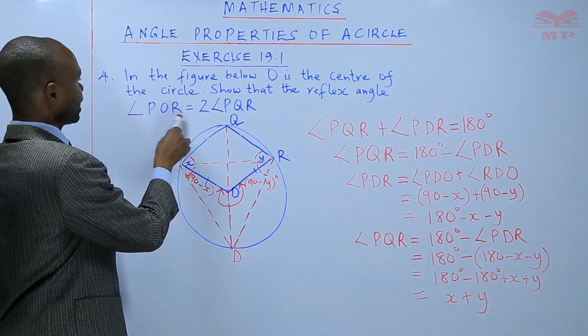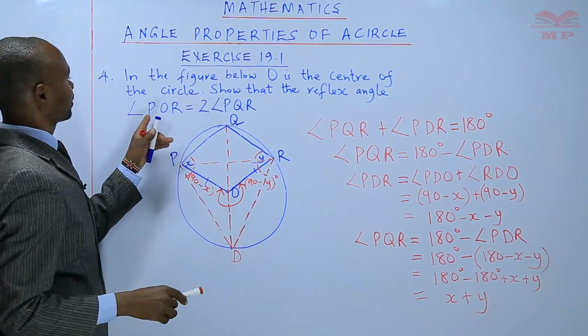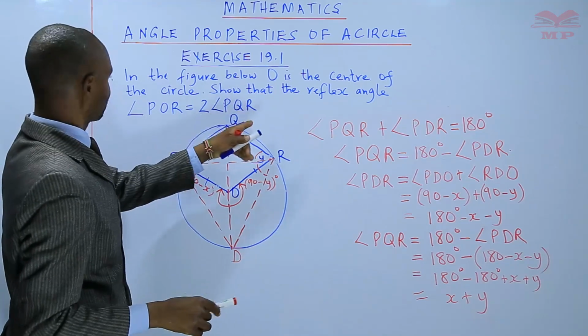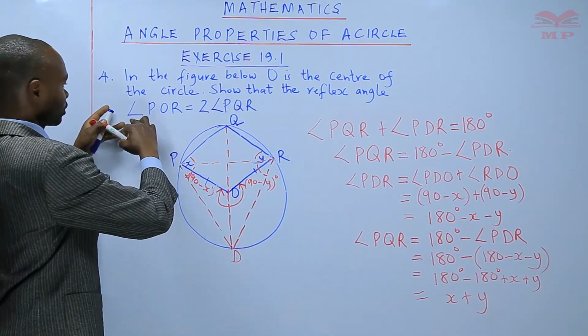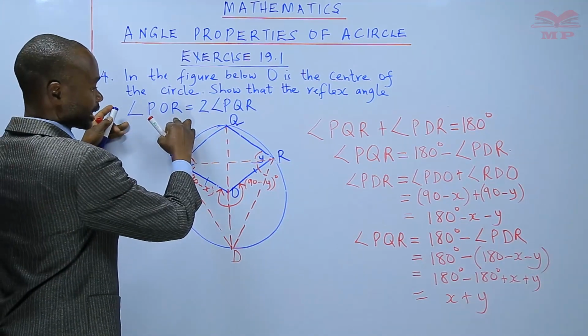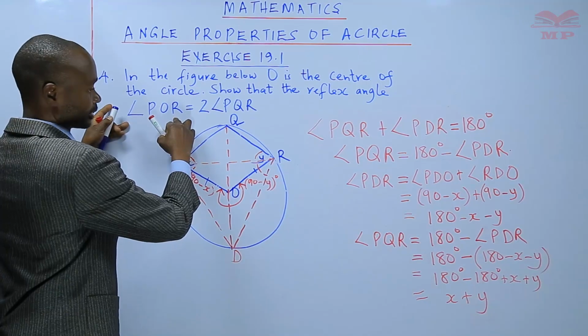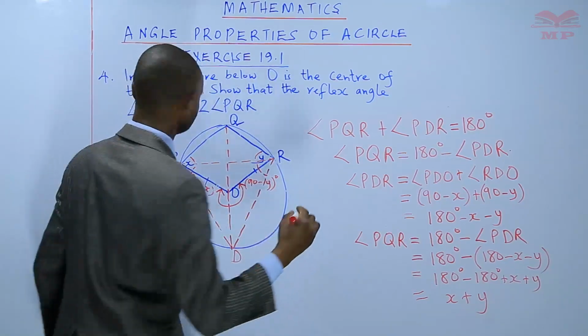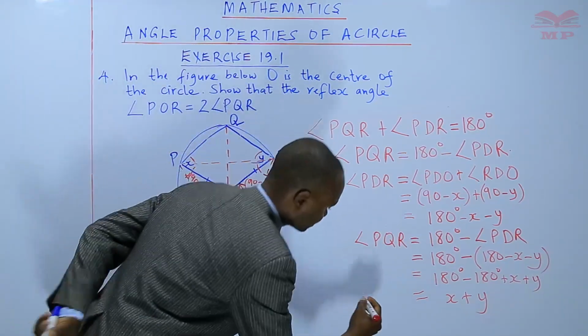You'll go back to what they asked you, isn't it? Prove that the reflex angle POR is twice PQR. So you write exactly what you've got. What did we get for POR?